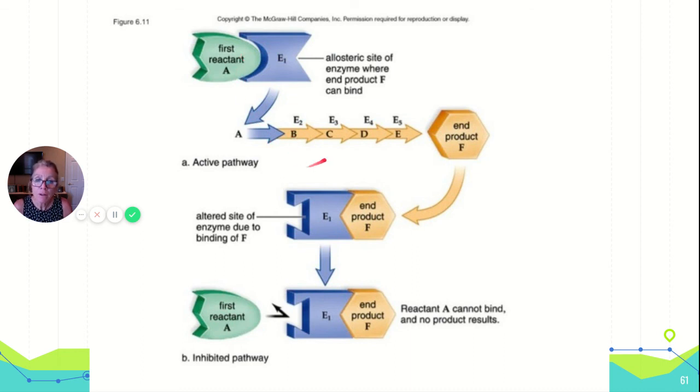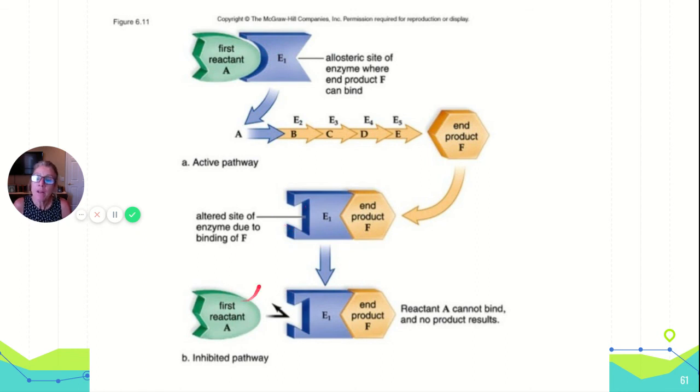Now, if you look right here, this end product, if you've done this a bunch, you start to build up that product, which is F. Notice F can bind to this allosteric site, the secondary site here. And when it binds, look at how the active site has changed from this curve to these corners.